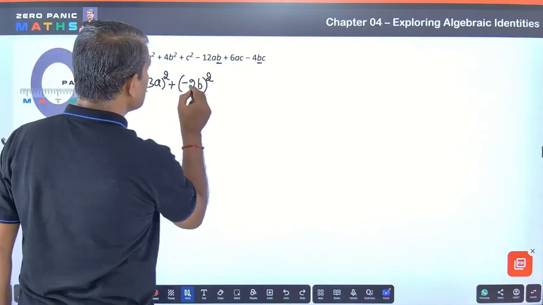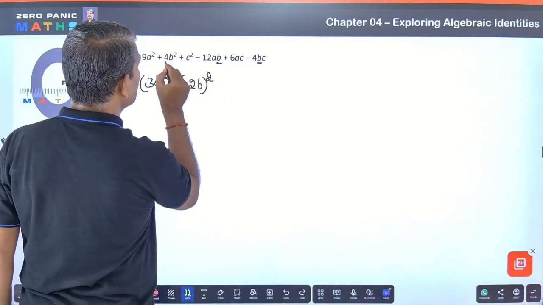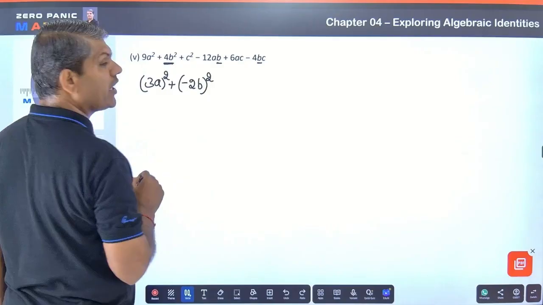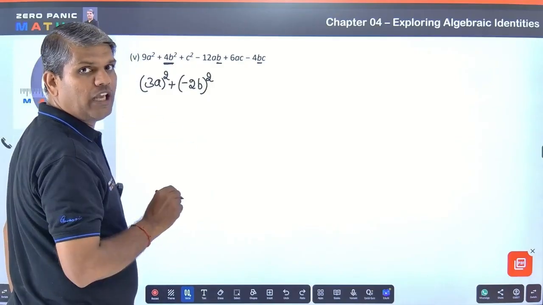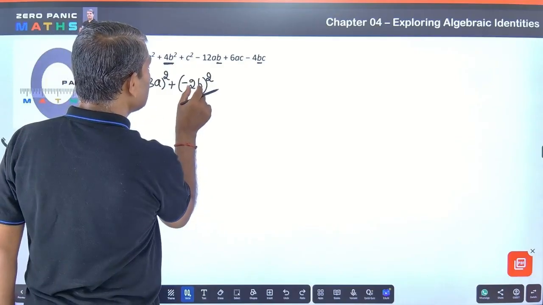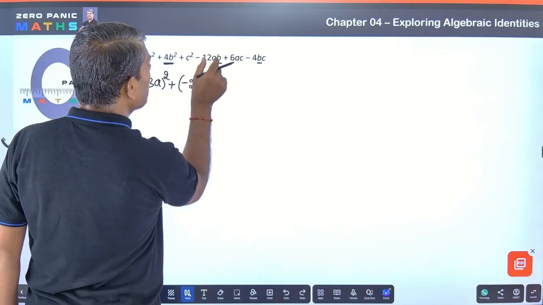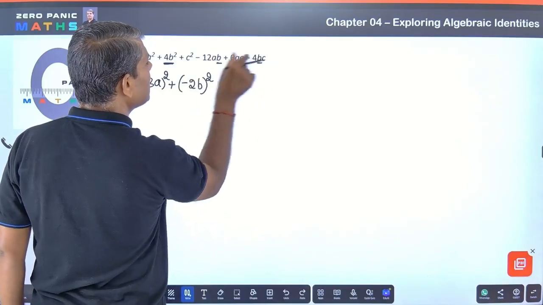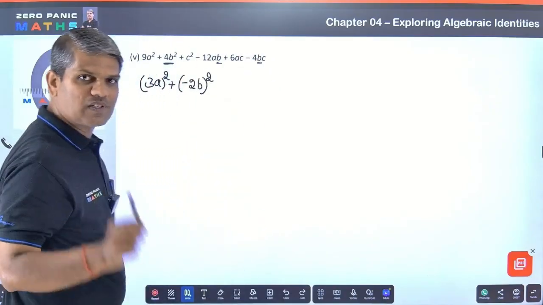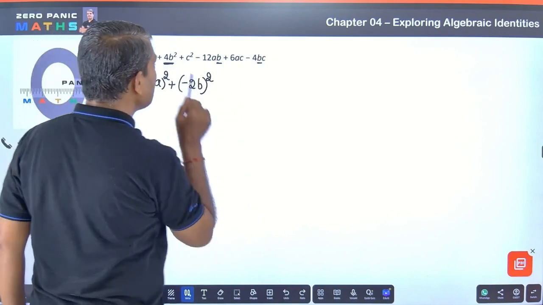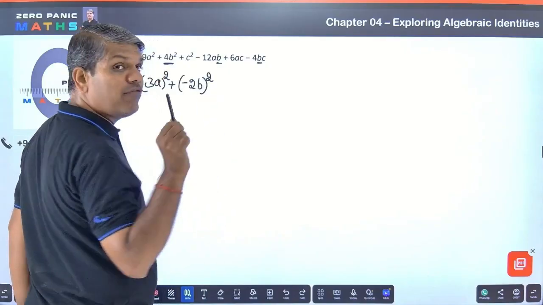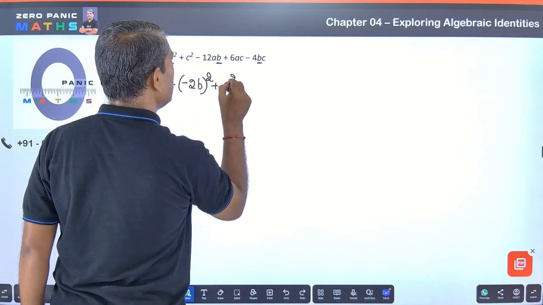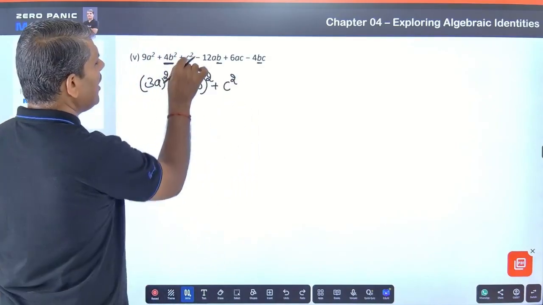So minus 2 into minus 2 is 4, b into b is b square, which gives 4b square. But keeping minus 2b in the product term makes the whole term negative, and that is making the difference in these two terms. You got my point? So minus 2b is my value of b. C is as usual c only.